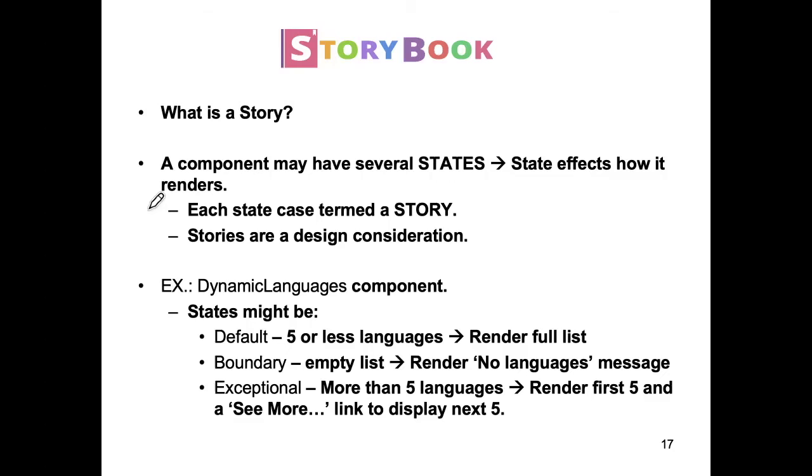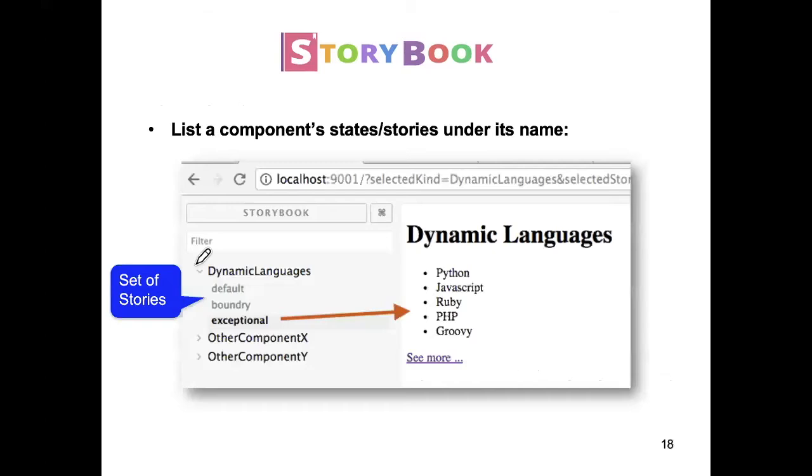And so if you've got a component and you've decided you want to have 3 separate stories or states associated with it, then you'd like that reflected in the Storybook UI. And so this is how Storybook would help you along with that. Not only would it list the components, but it'll show the states or stories associated with that component underneath them.